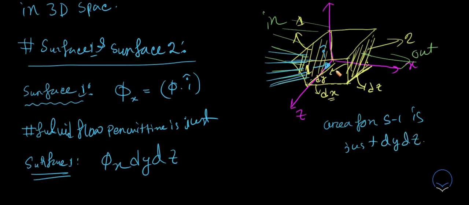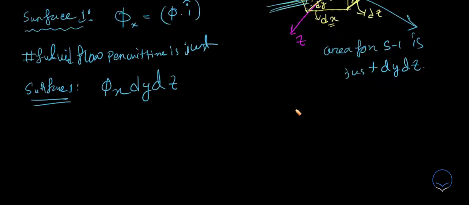This is the fluid flow per unit time, and obviously there will be a fluid flow per unit time from surface 2 like this. Again we will consider that the velocity vector and the surface area vector coincide, so cos theta is 1, that means theta is 0.